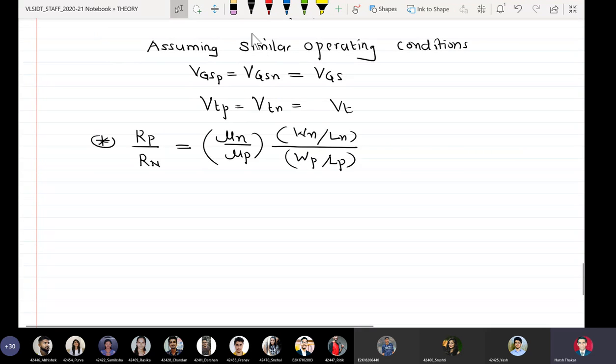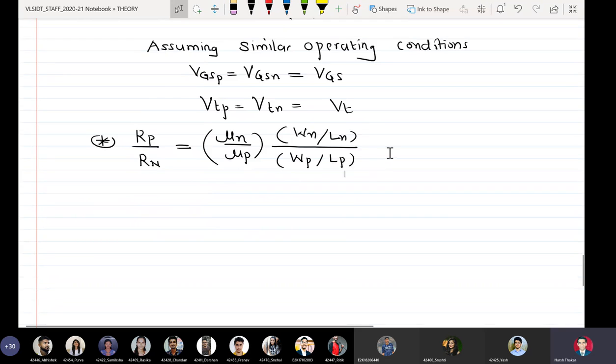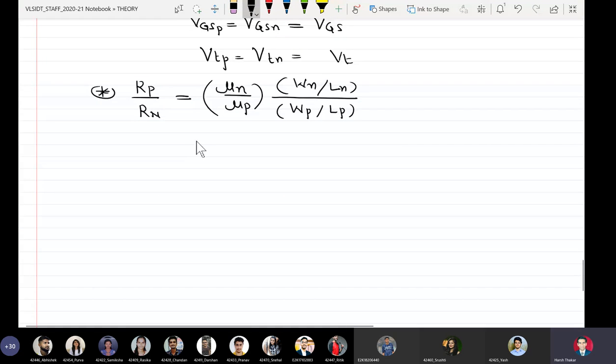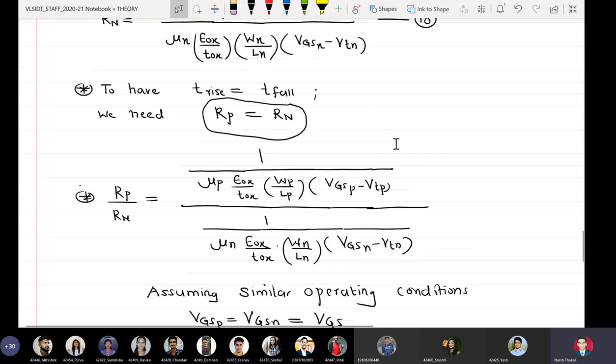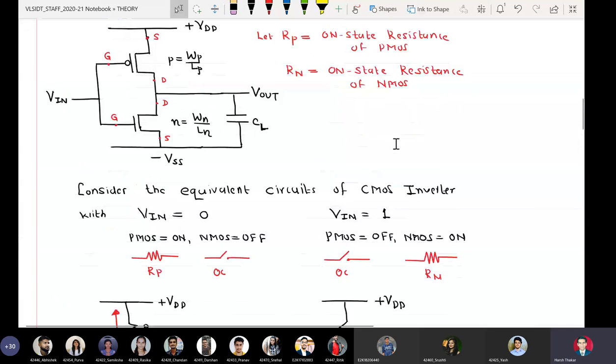Now we are coming to one very important step, so please pay attention. We already said that Wn by Ln is equal to P and Wp by Lp is equal to P, but we will not put it at this time. Now see here, we had made this statement.